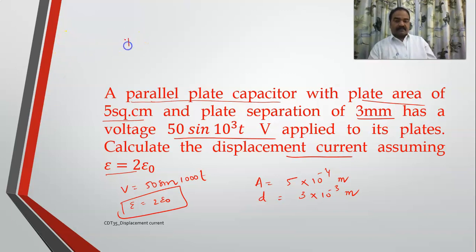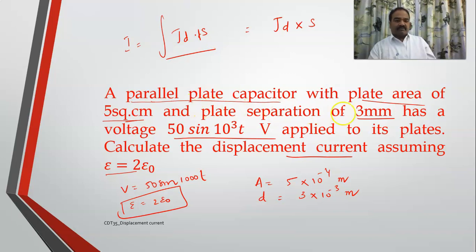Displacement current is JD dot S. I don't have anything to integrate because it is a parallel plate capacitor with fixed dimensions, so I can directly take JD into S. Integration would be needed only if the area were non-uniform.